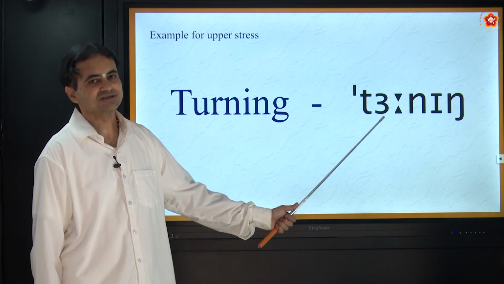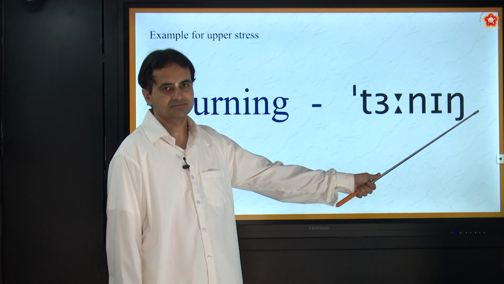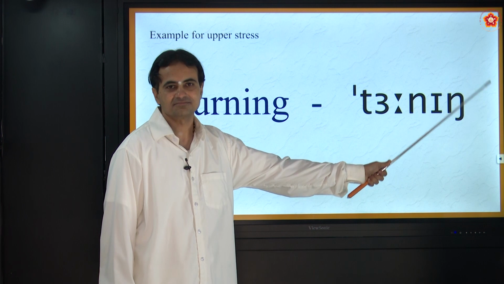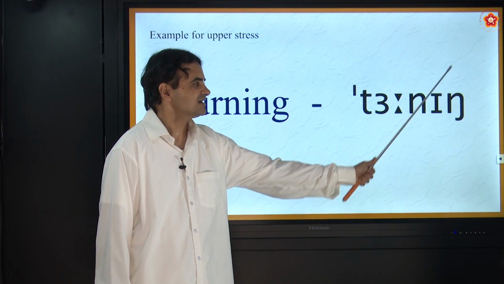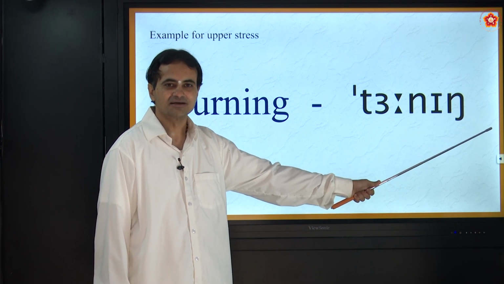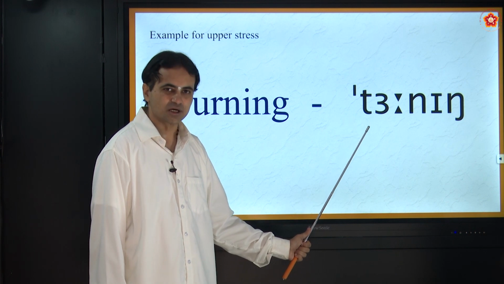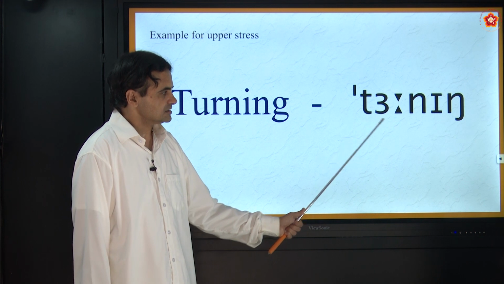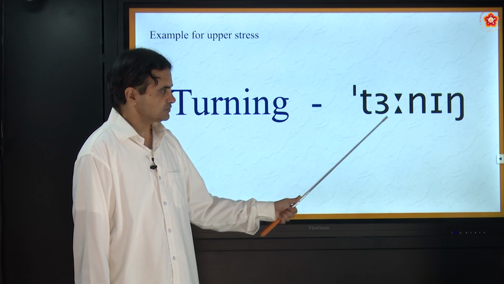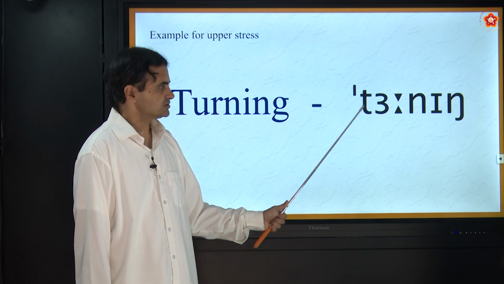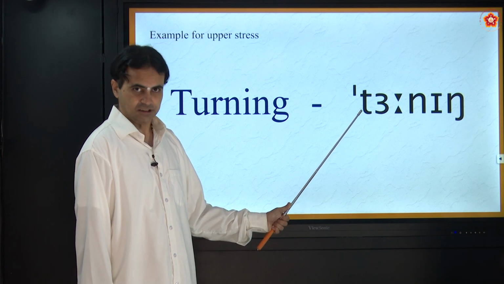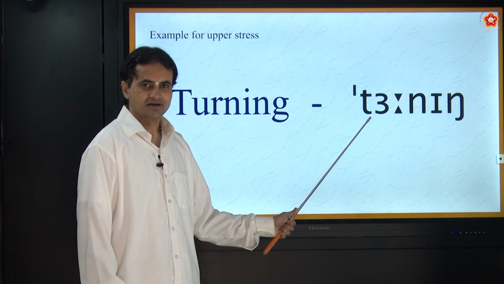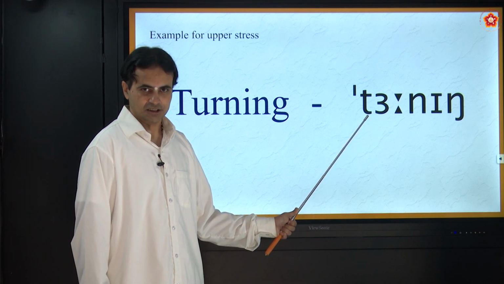Whereas the actual pronunciation has no R and no G. Nowadays dictionaries give G in brackets. They are tired of telling us, therefore they give G in brackets, it's optional. So the right pronunciation for this word has an upper stress, and this becomes turning. It comes from inside, turning.